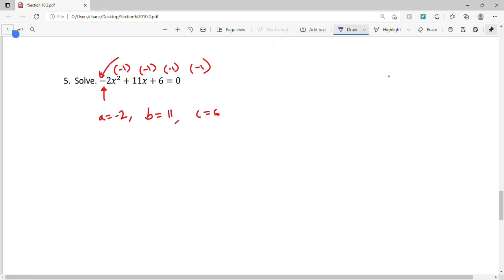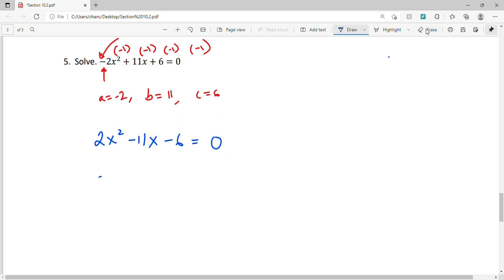You don't have to, but it just makes our life a little bit easier. So this becomes 2x squared minus 11x minus 6 equals 0. So now we have a equals 2, b equals -11, and c equals -6. If a is positive, it just makes using the quadratic formula a little bit easier.